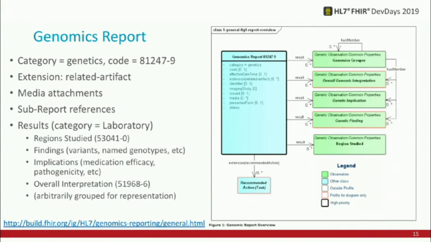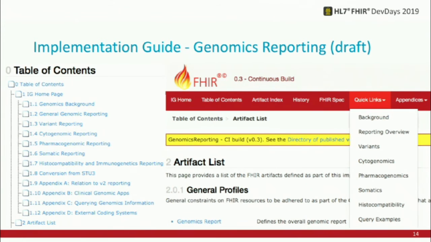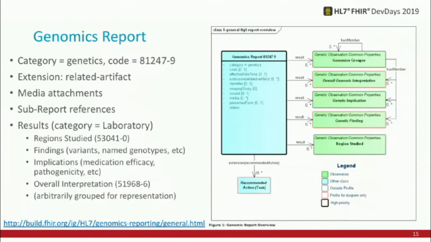Yeah, so going into the reporting overview section, or on the table of contents, general genomic reporting. There are a number of large diagrams and texts. This diagram here is talking about the main build of the report, which is the Genomics Report, and the different observations that it carries under the results.